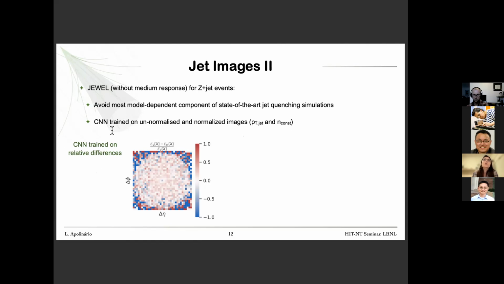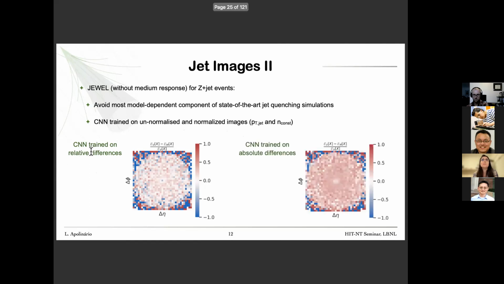One, in which we normalize the images, so the only thing given as input to the CNN were jet images that just reflect the relative differences between the 2 samples. And the other, in which we didn't normalize the images, so we gave them with the absolute values of multiplicity and the pT of the jet. We use these as the 2 methods that we could test.